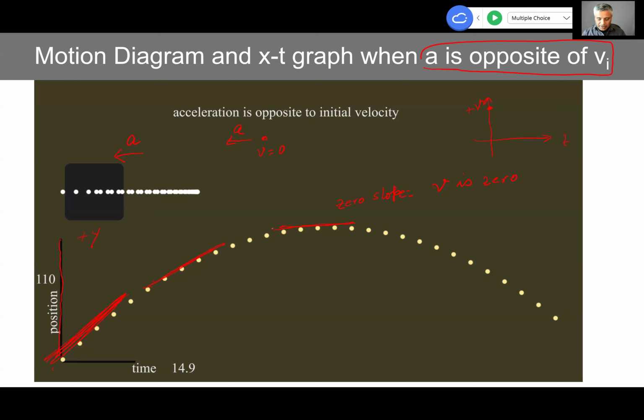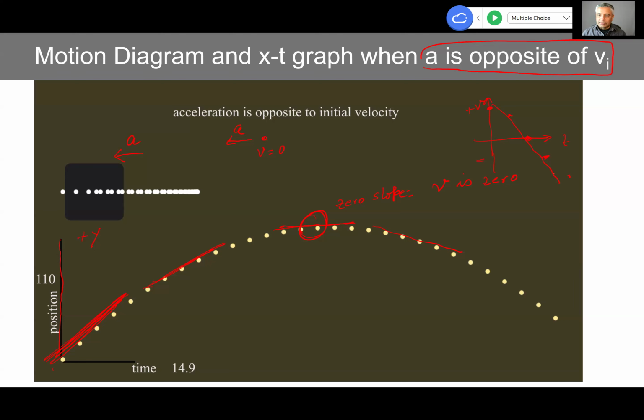Then velocity is decreasing, and velocity becomes zero here. And then it's downhill now. The tangent line shows the slope is downhill, meaning negative. So it goes to the negative side. So the velocity versus time graph is going to look like this.